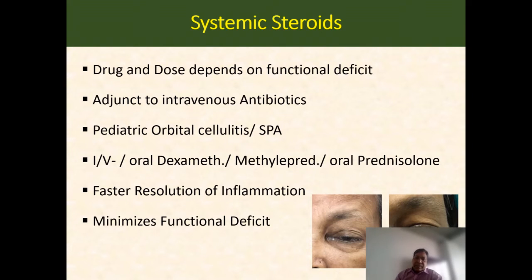Systemic steroids can be used as adjunct therapy in combination with intravenous antibiotics or oral antibiotics for 48 to 72 hours, especially in pediatric orbital cellulitis or subperiosteal abscess cases, for faster resolution of inflammation and minimizing functional deficit.